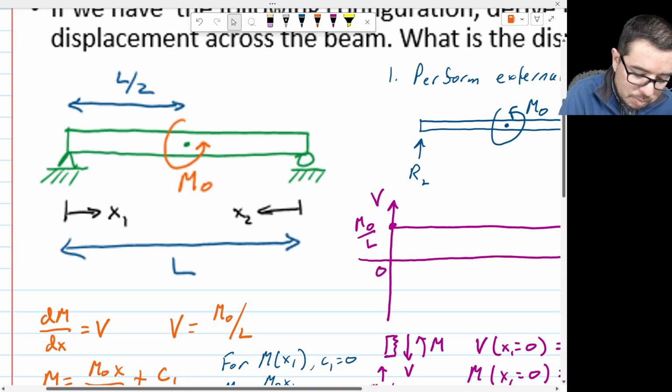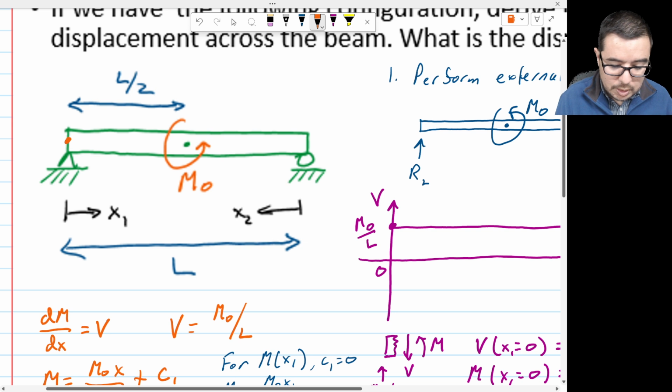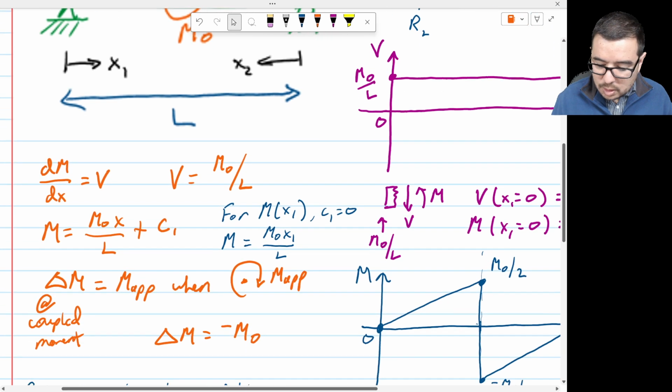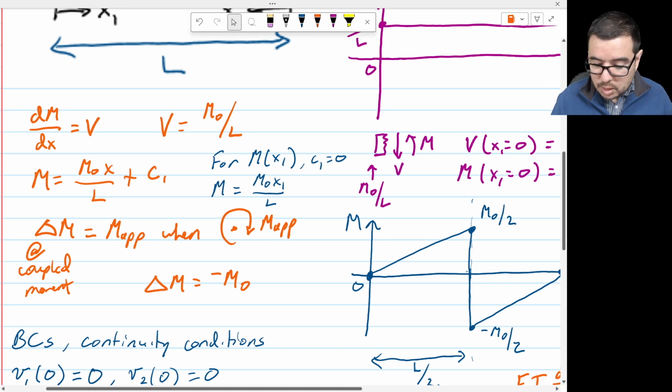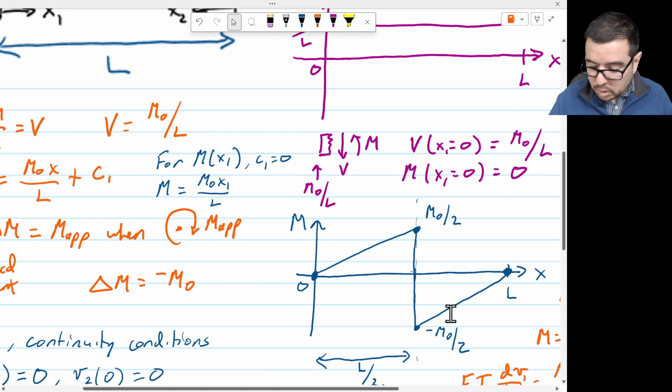We know that the displacement over here is going to be 0, and the displacement over here is going to be 0. We know that the moment over here is positive, so the curvature has to be positive for this entire side. The curvature on this other side is negative because we have a negative moment here.